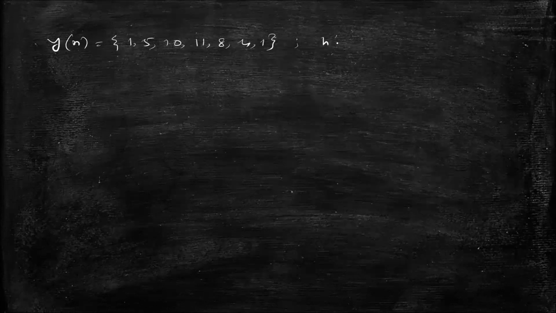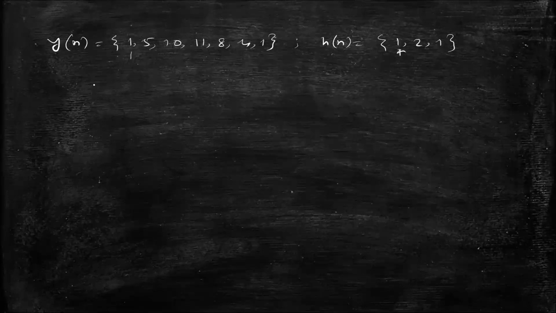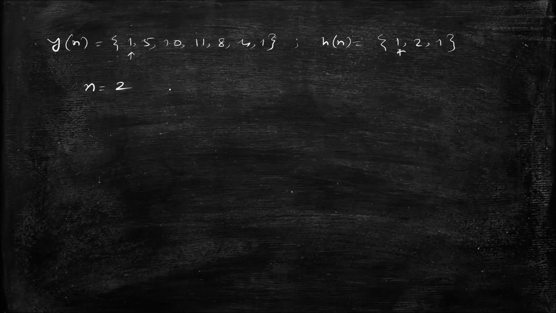Okay, next again I have to first write down the values of xn: 1 5 10 11 8 4 1 and hn, that is 1 2 1. Okay, so now again I have to go through the formula, n equal to 2, that is x of 2 equal to y of 2 minus summation k equal to 0 to n minus 1.